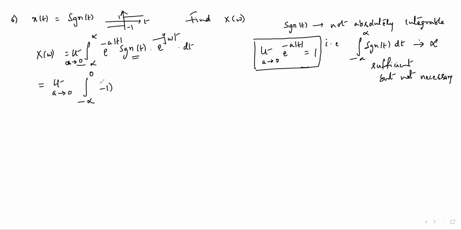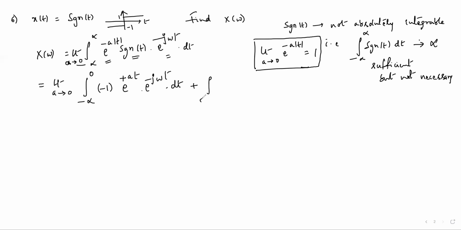During that limit, signum function value is minus 1. So minus 1. And these two exponentials, let us combine. On the negative side, mod t is minus t. First I'll write minus a, mod t is minus t, so that it will become plus t. E to the power of plus t on the left hand side, and e to the power of minus j omega t is here.